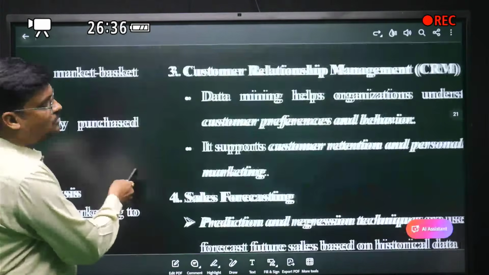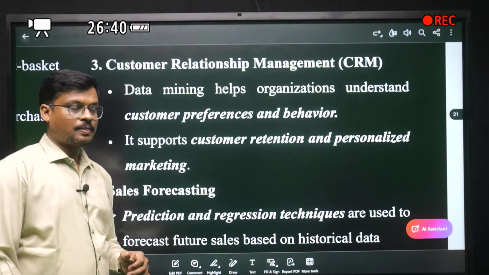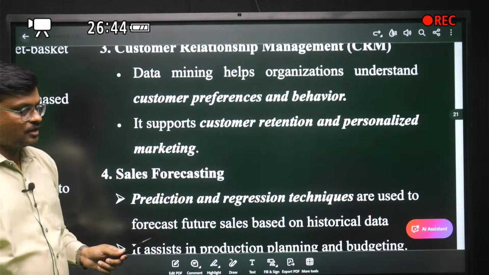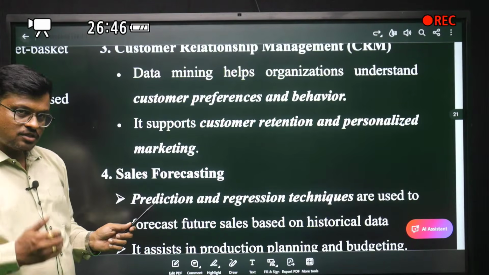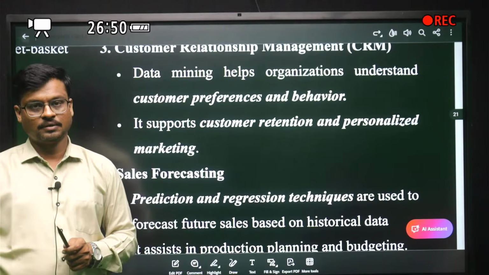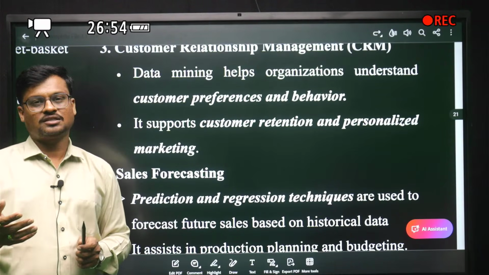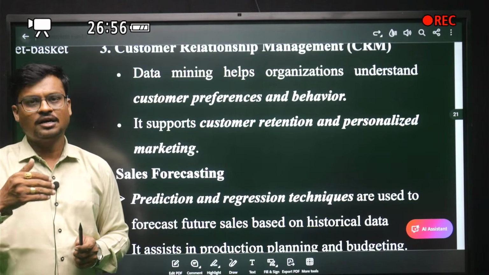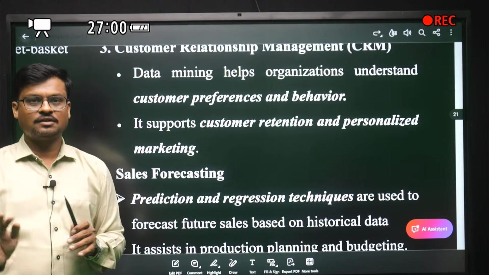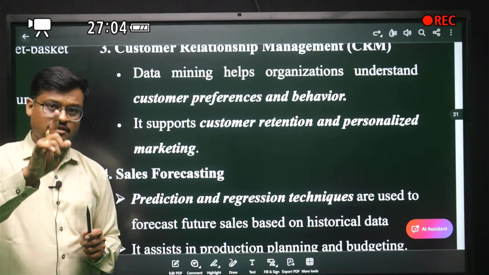Third one, customer relationship management, that is CRM. Data mining helps organizations understand customer preferences and behavior so that we can send personalized marketing strategies to each individual customer. Instead of sending irrelevant information to the customer and getting rejected or spammed, we can restrict ourselves and send personalized messages or mails to the customer.